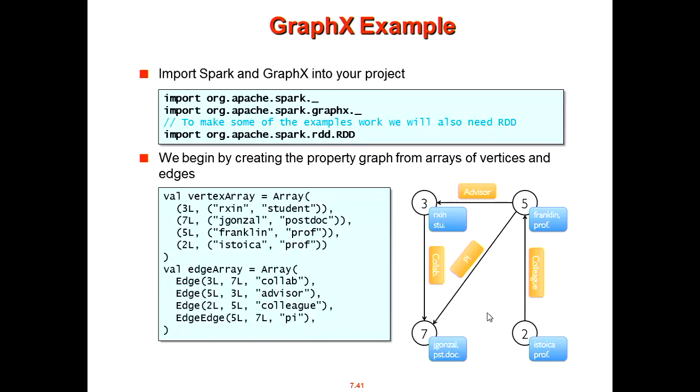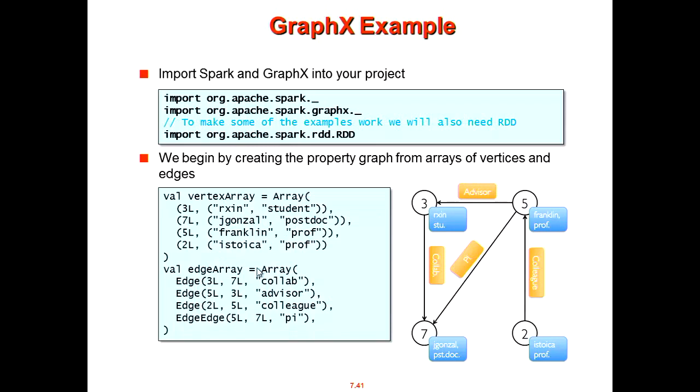In this graph, we can see that we have 4 nodes with some properties, right? So we first have a vertex array. We use an array to store the nodes. 3L is used to denote the long data type with identifier 3. And it is a name and a role, name, role, name, role. We have 4 nodes, so this is a vertex array.